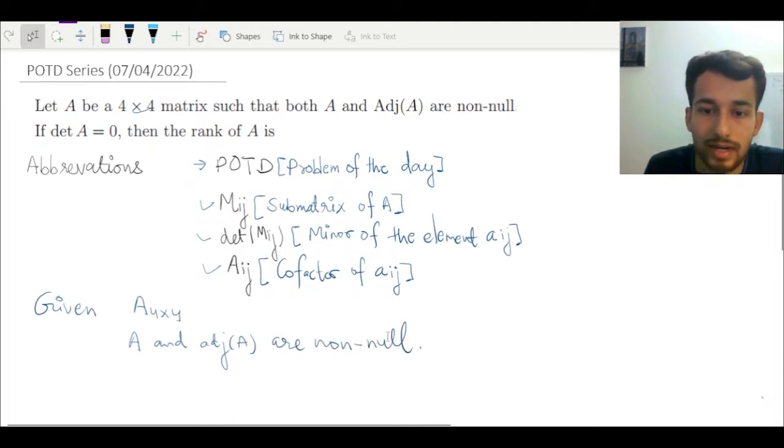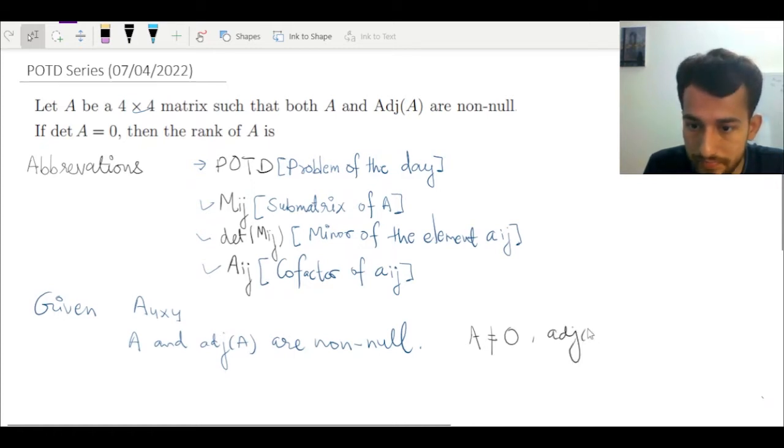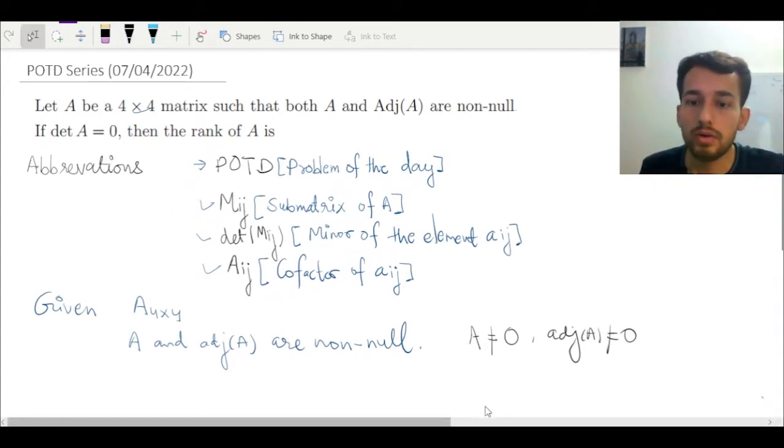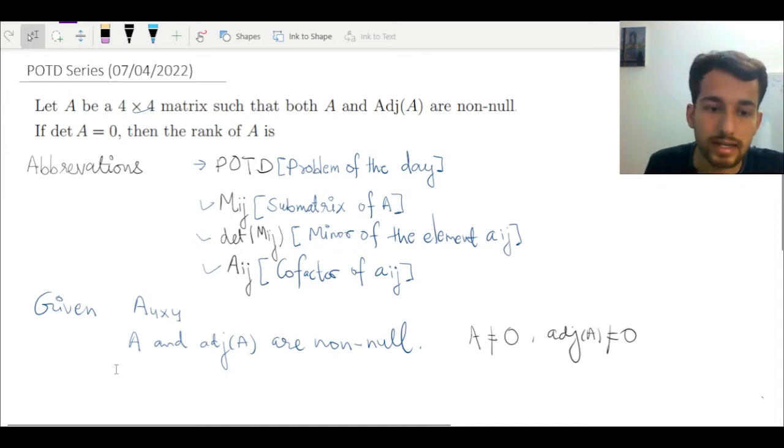We know what a null matrix is, so non-null basically means they are not the zero matrices. That is, A is not equal to the zero matrix and adjoint of A is also not equal to the zero matrix. Now we are also given that determinant of A is 0.